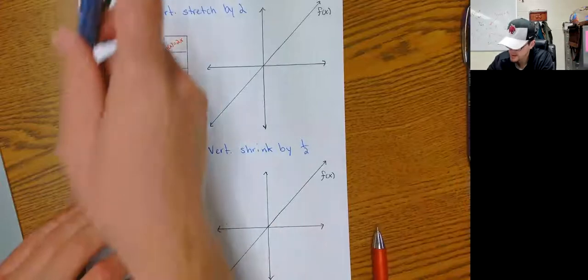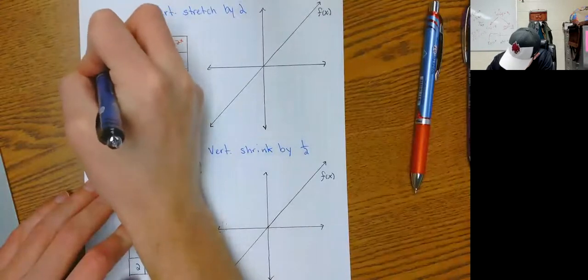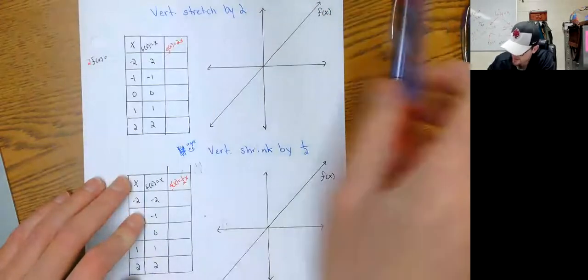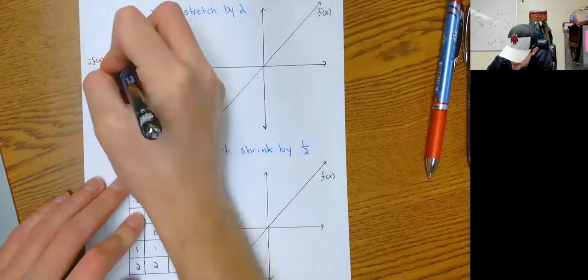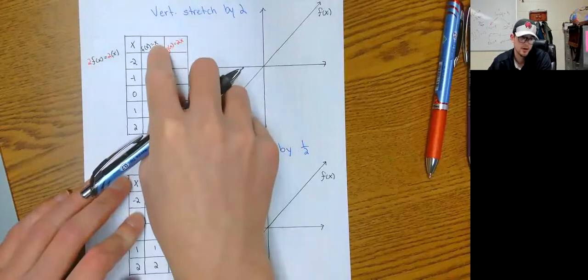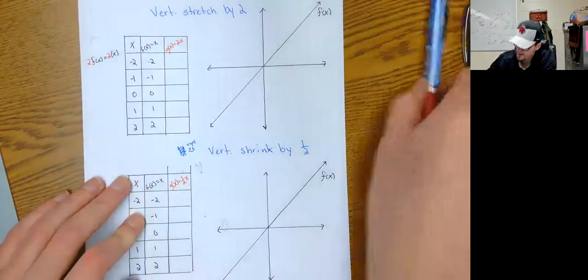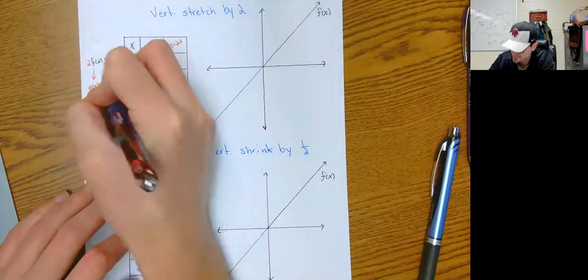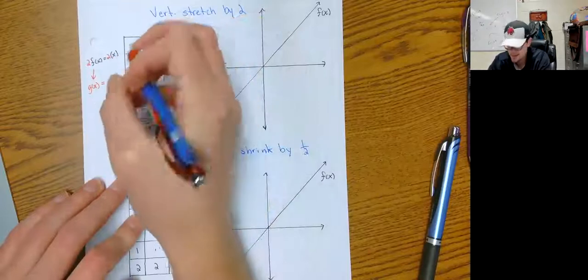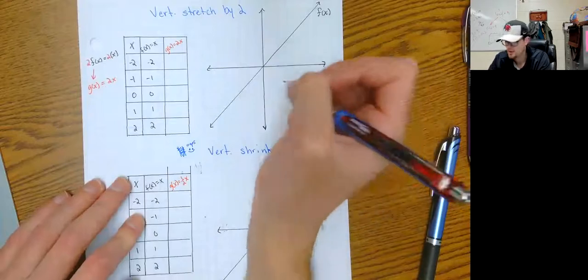So we get 2 times f of x. g of x equals 2 times the entire function, which in this case is just x. So we've transformed f of x, so now we have g of x, a whole new function, and 2 times x is just 2x. All right?